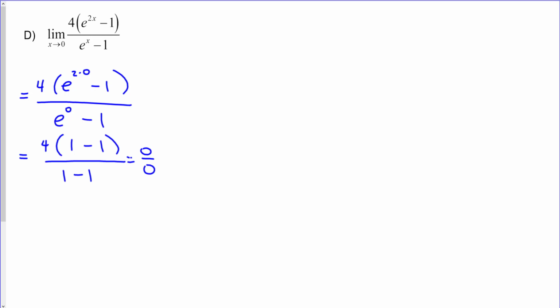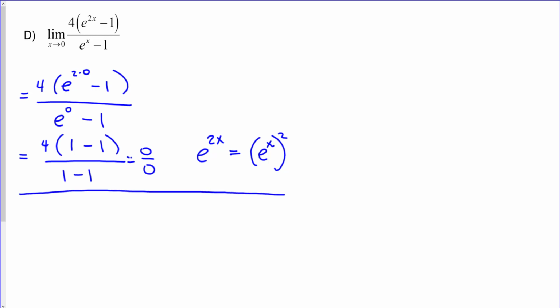So when it comes to working with exponents, one thing that we can do, for instance, e to the 2x, we can think of as e to the x quantity squared. So that when I have, I'm going to do my algebra down here, 4 times e to the 2x minus 1, all over e to the x minus 1.